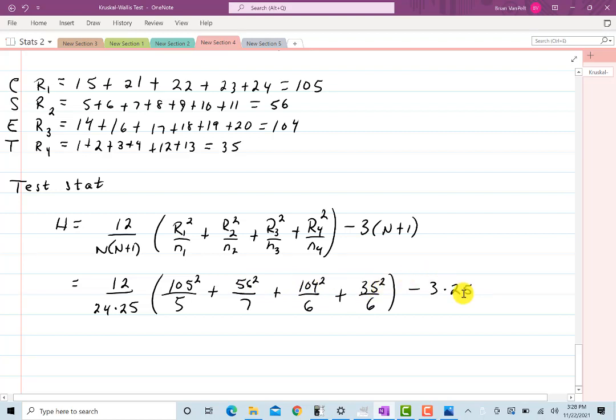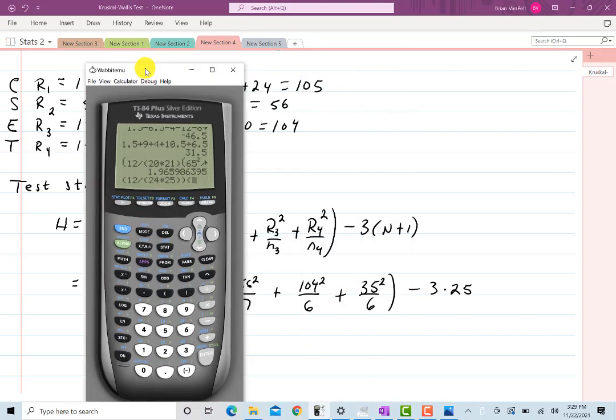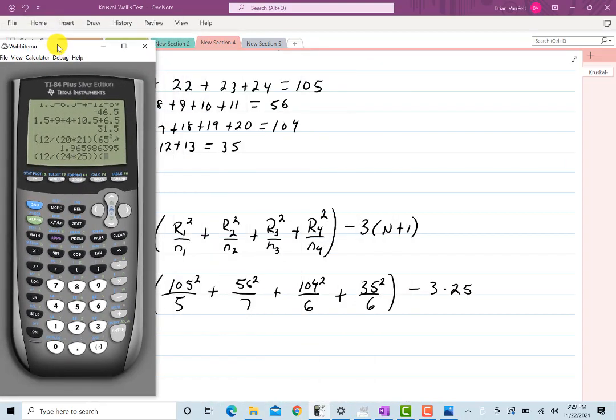So let me go ahead and pull it up on the calculator. The way I do it, I do 12 divided by, then I put in parentheses, 24 times 25. Finish that parenthesis and finish the outers. Now I'm going to start all that R business on the inside. So let me move this out of the way so you can see it.